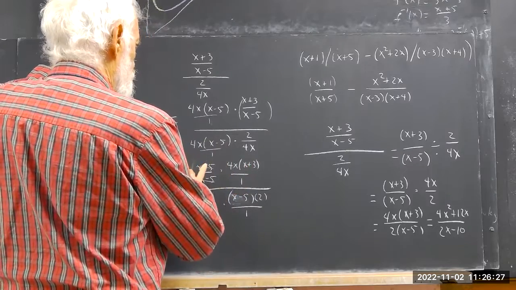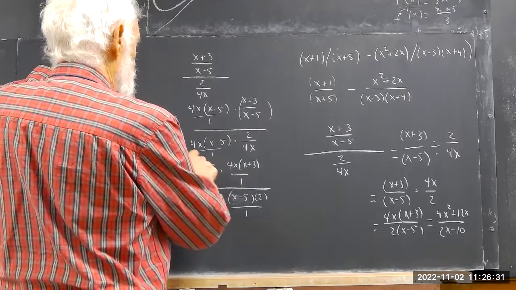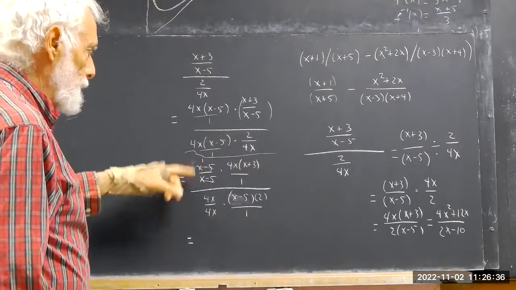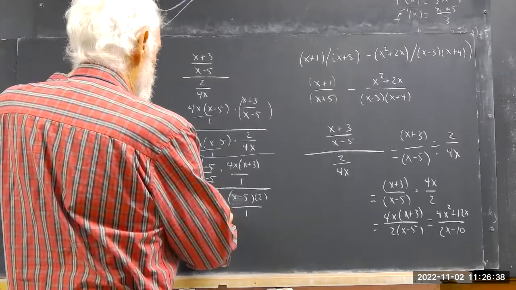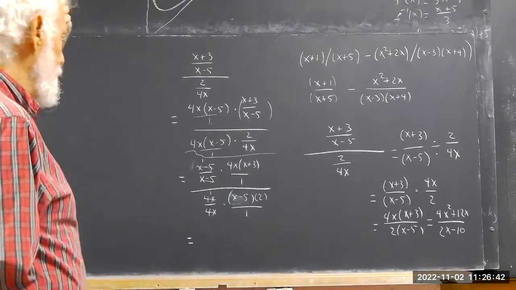I haven't thought about where's a good place to do that, but okay, we'll just write a little 1 here. To remind ourselves that when we divide something by itself, it's 1. We can do this. Well, that's 1.